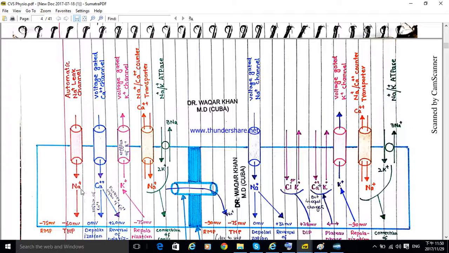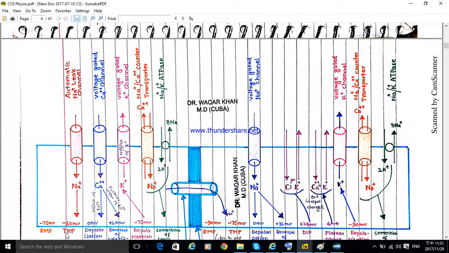There will be an influx of sodium through the sodium leak channel, and as positive charge enters the cell, it becomes less negative, going from minus 75 to minus 60 mV. This is the threshold potential for the SA node cell.